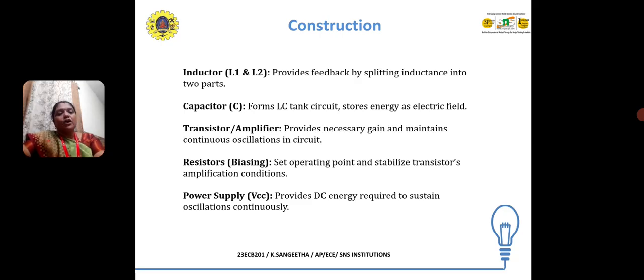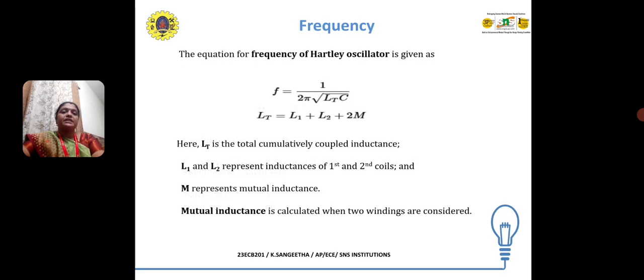The output of the transistor is again given to the feedback circuit. So here the oscillations are produced, and a sine wave is produced. The frequency is determined by the circuit components L and C.